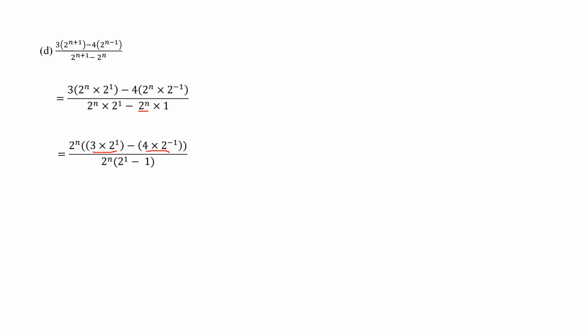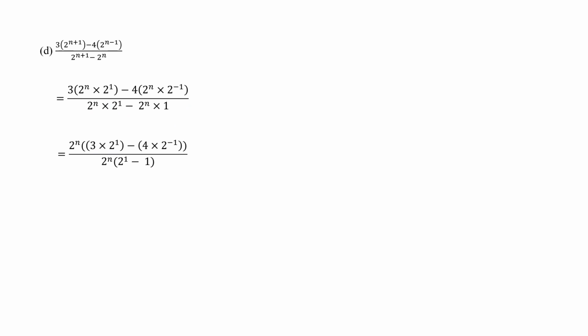Even in the denominator, we have pulled out that 2 power n there, and then when you try to create the brackets, you can see that we remain with the 2 power 1 and also the 1 only here in the denominator.